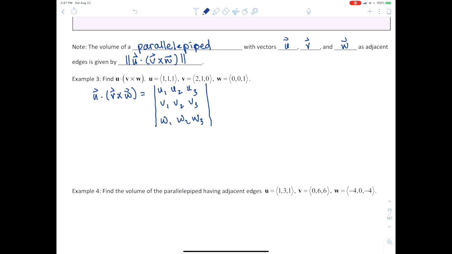So for our purposes, plugging in what we have, we're going to have 1, 1, 1, 2, 1, 0, and 0, 0, 1. It's always best to expand about the easiest row. So do you see that this one has zeros, so they'll zero out the determinants.